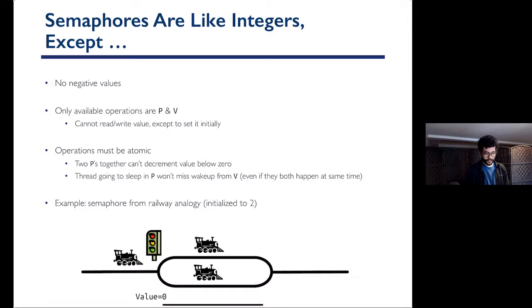Now, if one of these trains calls V, then the value increments and somebody is signaled, and then the value decrements. So once V is executed, we finish P, right? So P then goes and decrements. So V increments, P decrements, and so on and so forth. So as long as this value is not more than 0, if somebody calls P, they're going to just wait.